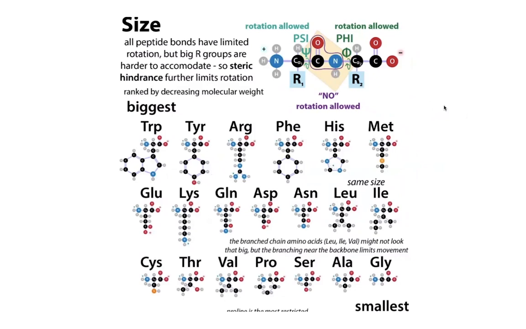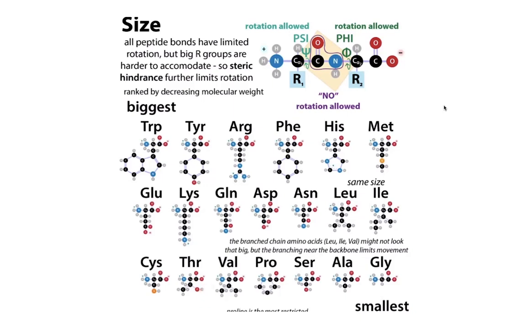Even things that don't look that big, like threonine, it doesn't look that big, right? But look, its bulk is really close to its backbone. And so it's going to clash with the things that are next to each other. If it's next to another R group directly, such as in an alpha helix, that can actually clash.